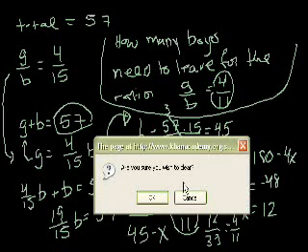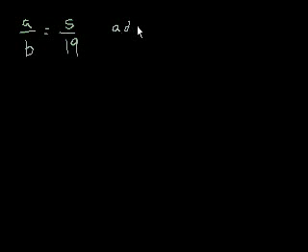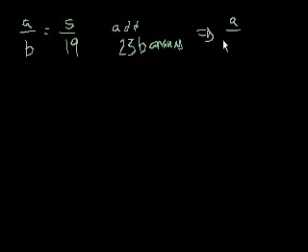Let's do another problem. Let's say that the ratio of apples to bananas in a basket is equal to 5 to 19. And when we add 23 bananas, the ratio of apples to bananas, and actually let's just write it right now.